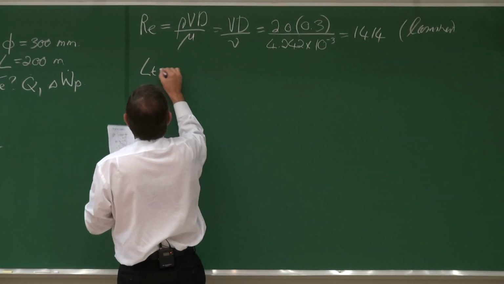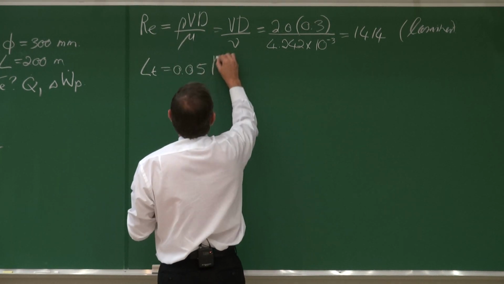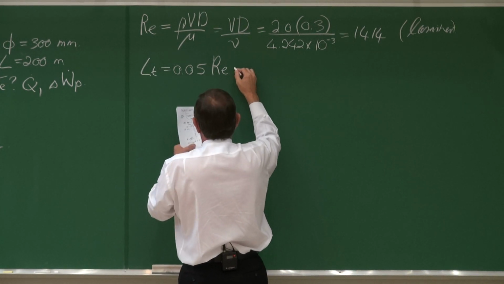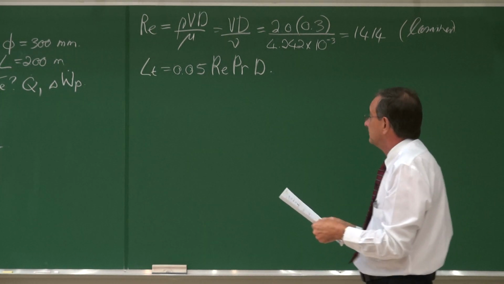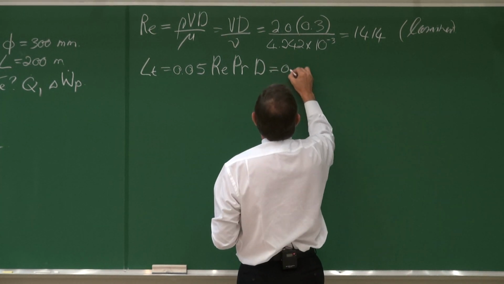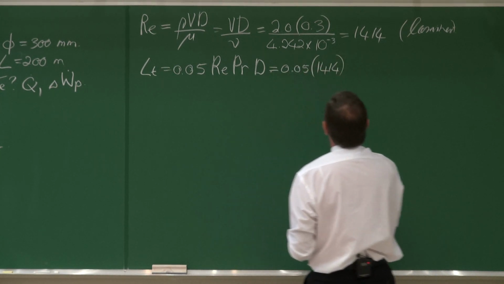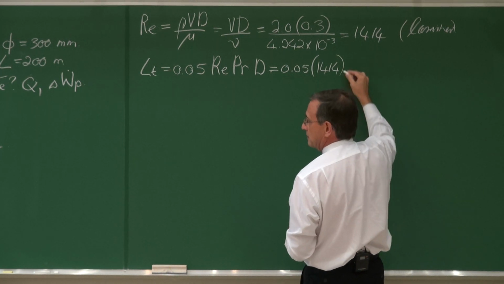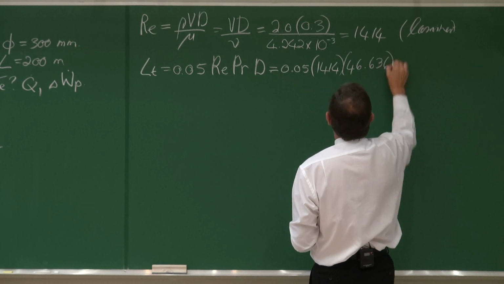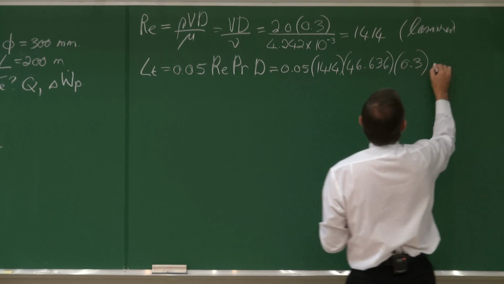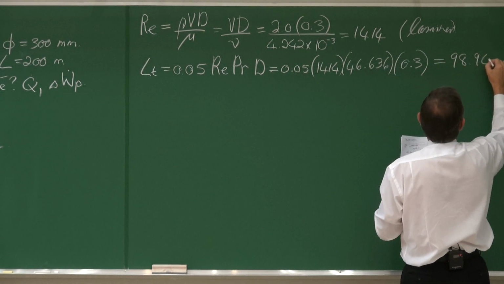So LT is how long it will take to thermally fully develop, and that is equal to 0.05 multiplied by the Reynolds number, the Prandtl number, multiplied by the diameter. 0.05 multiplied by the Reynolds number 1414 multiplied by the Prandtl number, which is 46.636, multiplied by the diameter, 0.3, and that gives us 98.94 meters.